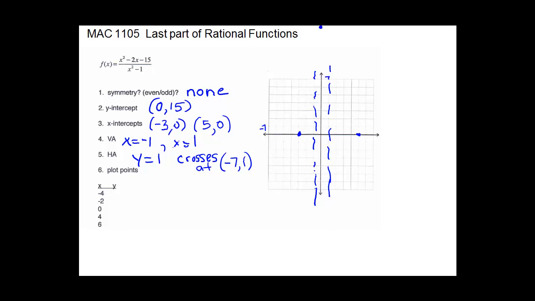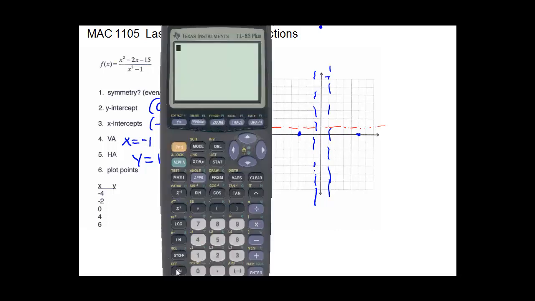Let's put a different color. Right, and then we are ready to find our points, and we're going to cross this one at -7, 1. So -7, 1, this is going to touch right here and cross.